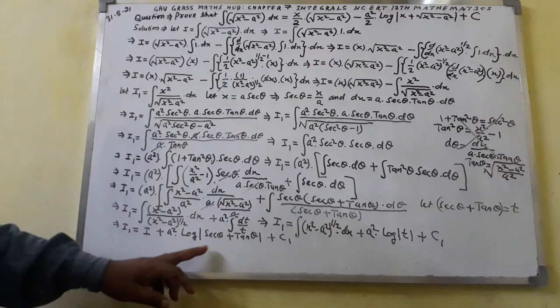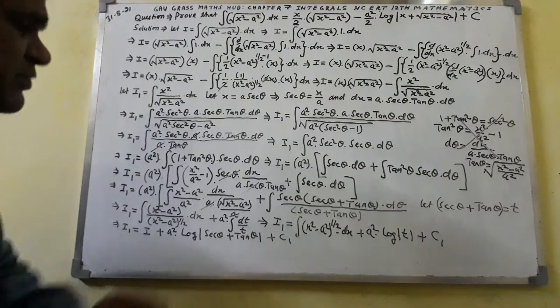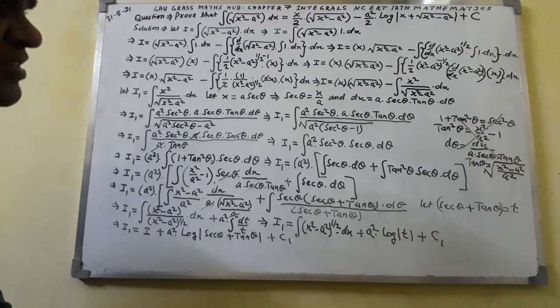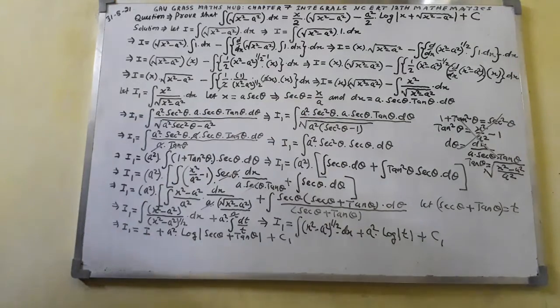Now put the value of tan theta equal to this one. I shall get the value of sec theta. To put the respective value, sec theta equal to x over a.